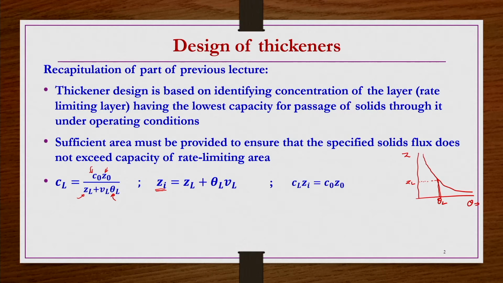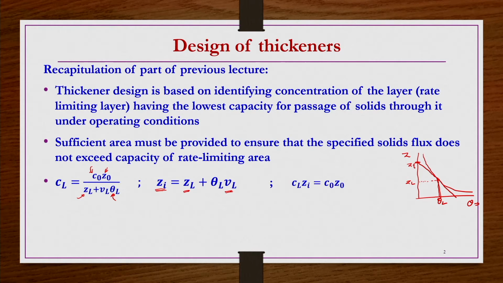But what is ZI? At this point, if you draw a tangent at theta equals theta L on this curve, that tangent intercepts the y axis at some location, and that intercept is ZI. That ZI is ZL plus theta L VL, where VL is the settling velocity of the particles passing through this layer.